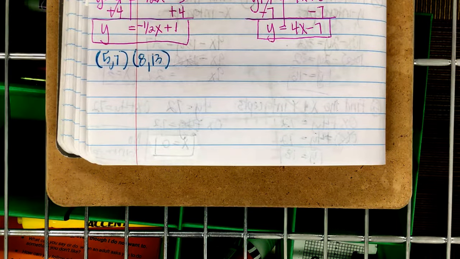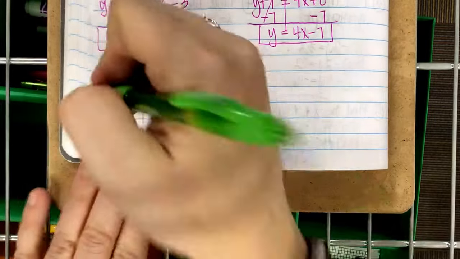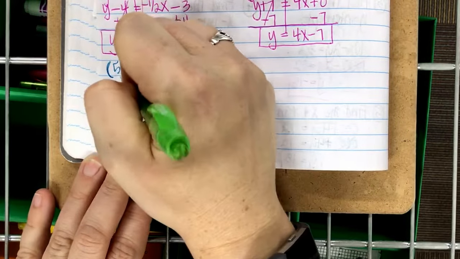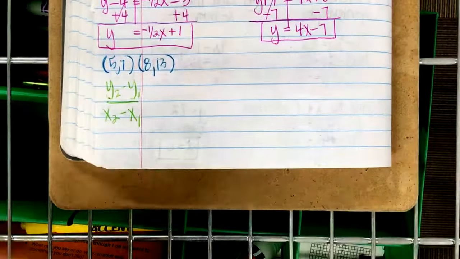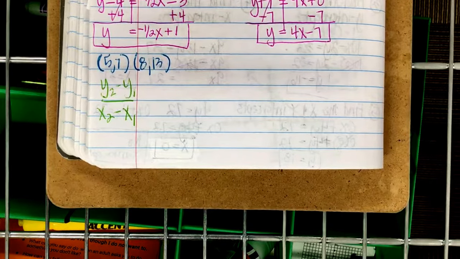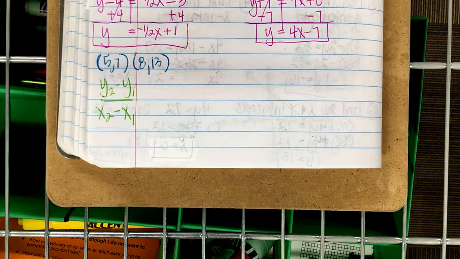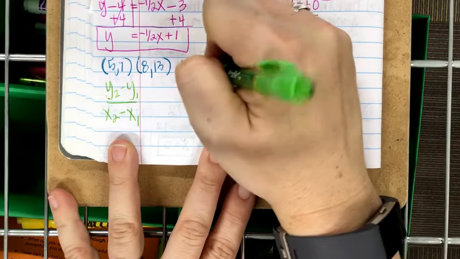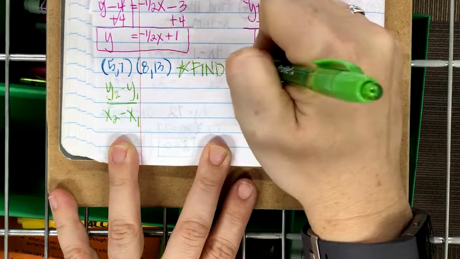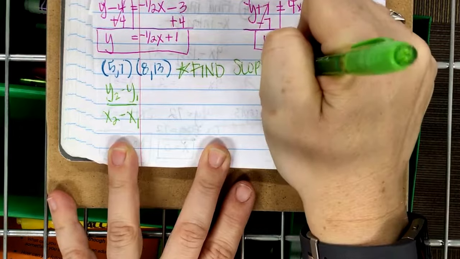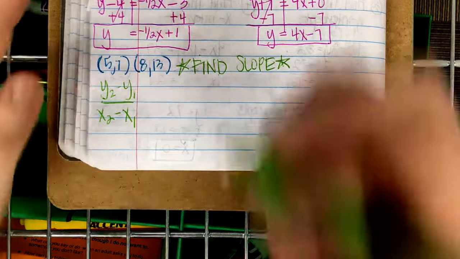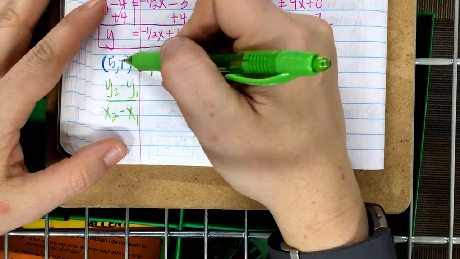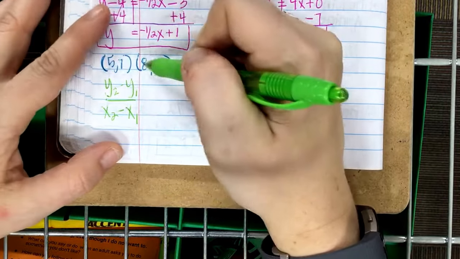You can make a slope out of 2 points, right? y2 minus y1 over x2 minus x1. You can find slope from 2 points. You're going to have to find slope, which you can. What is the slope? Some of you do 7 minus 13, 5 minus 8.